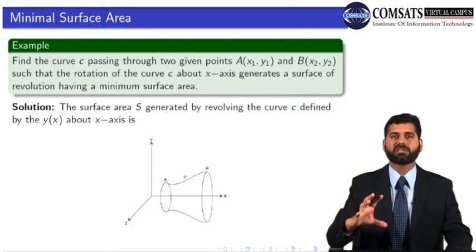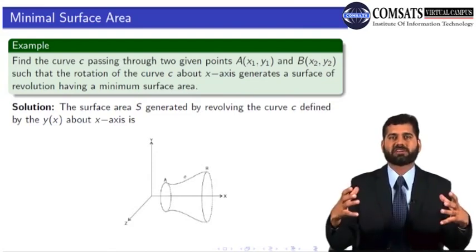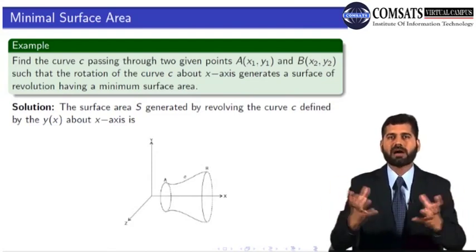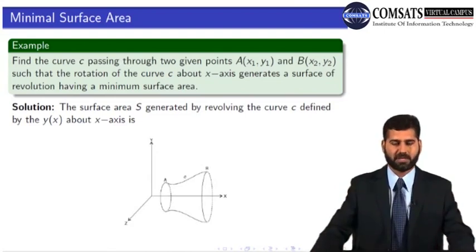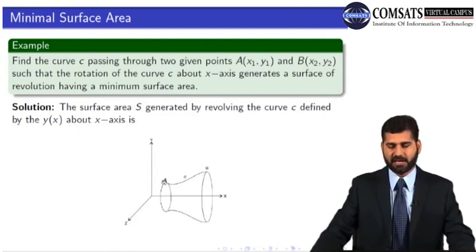When you generate a solid of revolution, it has volume as well as surface area. But here we are minimizing the surface area, not the volume. The surface area S generated by revolving the curve C defined by y(x) about the x-axis is, you see here, this is our curve C from A to B. If I revolve this about the x-axis, then this curve downstairs will become this type of curve.